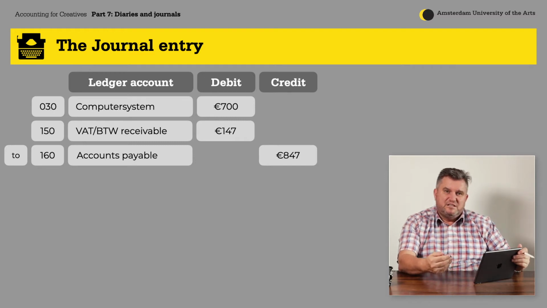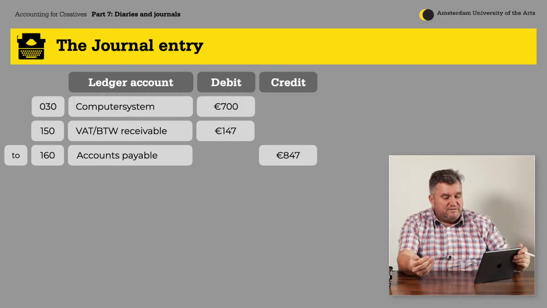This means the creditors, the suppliers that we bought this printer from, have sent us an invoice and we have to pay it later. Until then it's a debt, and debts are on the credit side, the right side of the balance. So if it increases like here, we also put it on the credit side of the journal entry. And in completion, this is the complete journal entry.